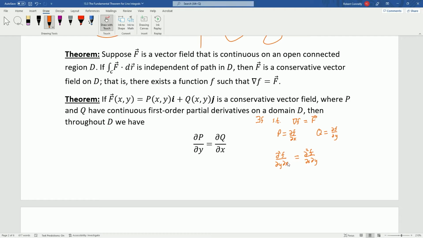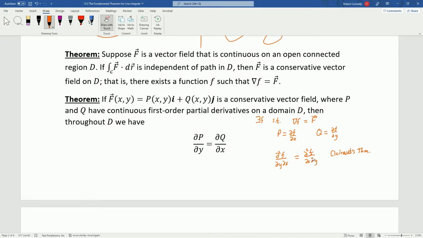Or I should say, I did that in reverse. This one's the derivative with respect to x then y, and this one's the derivative with respect to y then x. But same point. What is this? This is just a reworking of Clairaut's theorem. That's what we're saying here. So if we know that this is a conservative vector field, we know that there's this function f that satisfies that the gradient of f is this vector field.